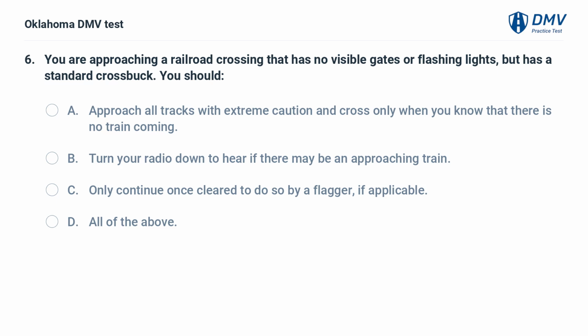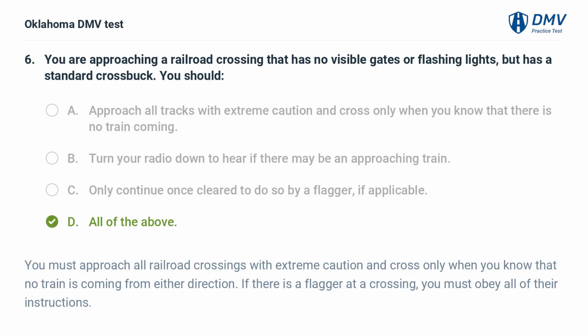C. Only continue once cleared to do so by a flagger, if applicable. D. All of the above. You must approach all railroad crossings with extreme caution and cross only when you know that no train is coming from either direction. If there is a flagger at a crossing, you must obey all of their instructions.